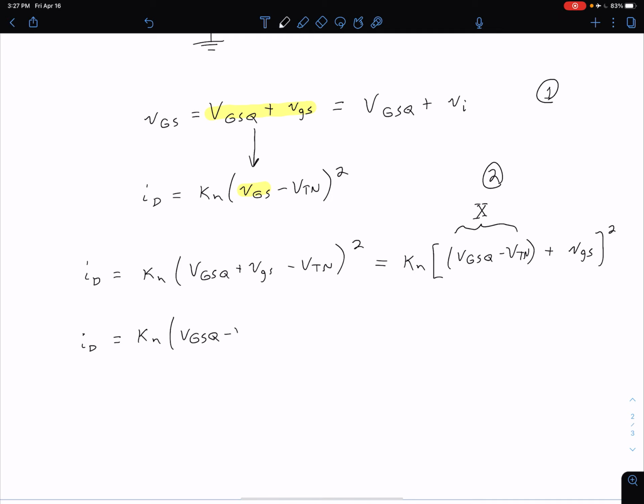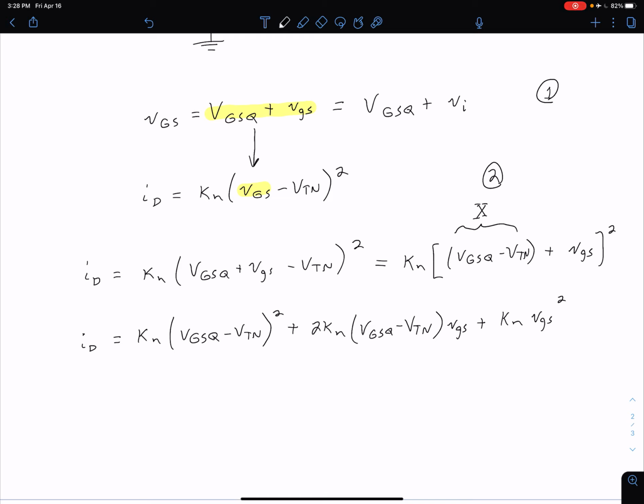Our x is VGSQ minus VTN, so that parameter squared, plus 2 times x times lowercase vgs. So 2, and we have that Kn out front as well, times (VGSQ minus VTN) times the lowercase vgs. And then finally, we get this second term in the brackets there squared. So we have the Kn out front still, times our lowercase vgs squared.